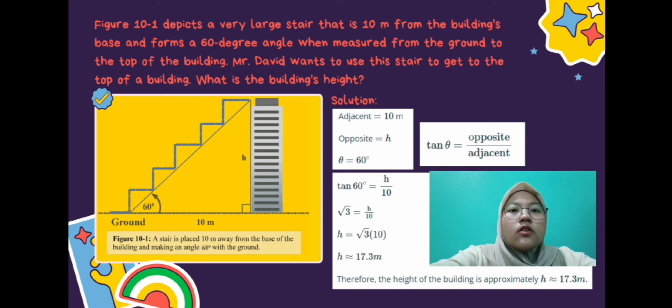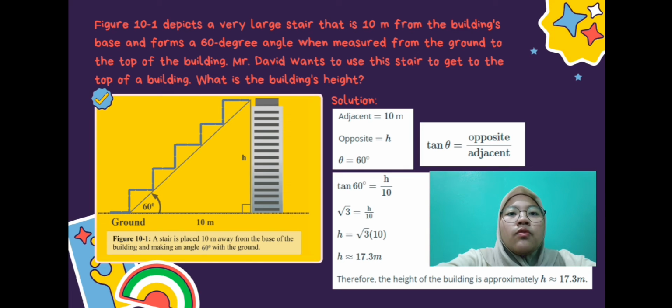If we need to find the height, we use the formula tan theta equals opposite over adjacent. Tan 60 degrees is equal to h over 10. We calculate tan 60 degrees and get the square root of 3, equal to h over 10.